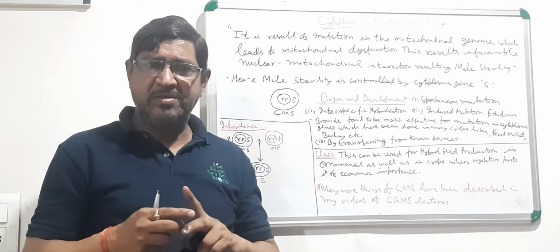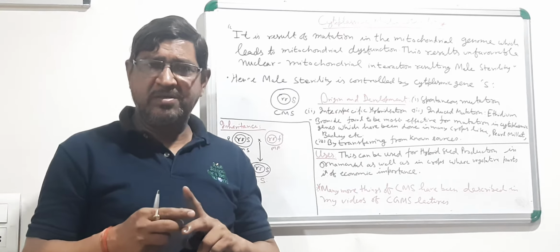These are the GMS type male sterility. Then I have already described cytoplasmic male sterility, and this system has been described more in my third type, the CGMS, cytoplasmic genetic male sterility system.